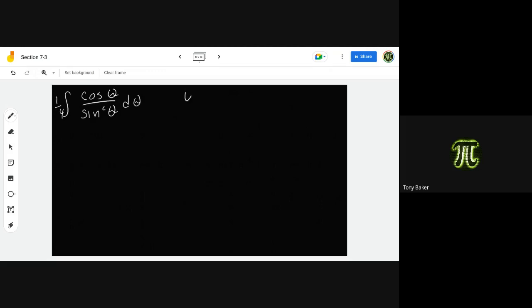So if I make u sine theta, du is cosine theta, which I have. So I now have 1 over u squared du.